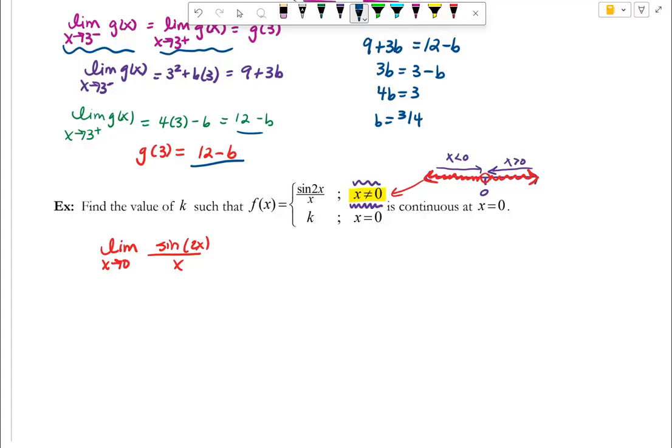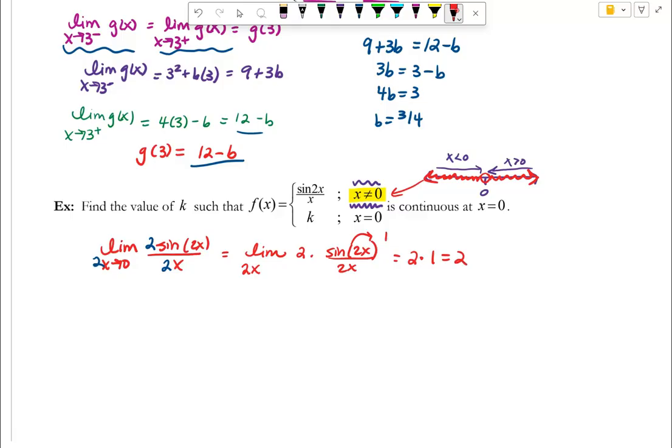In order for me to make this a 2x, I need a 2 there. Now, we know that this piece goes to 1. So we just get 2 times 1, which is 2.